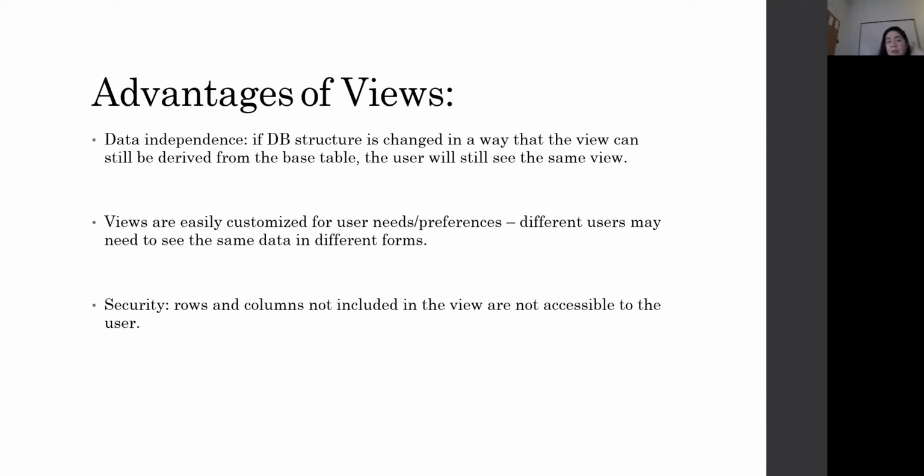So the advantages: data independence. If the database structure is changed, the user will still see the same view. What does that mean? If your database got so big that the scope exceeded what you needed from Access, for example, because Access is kind of meant for small scale stuff like what we're doing for the class, but you wouldn't run Amazon off of Access.